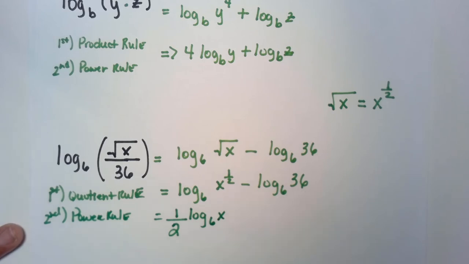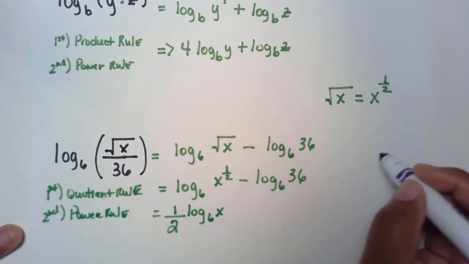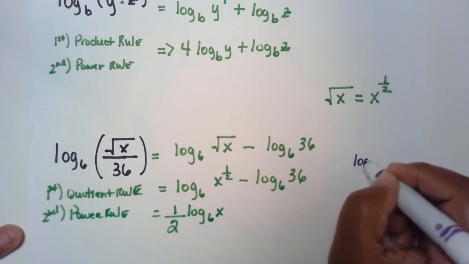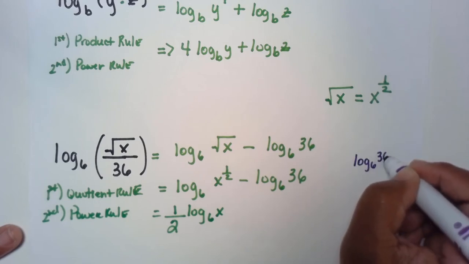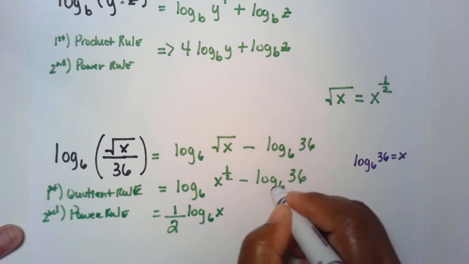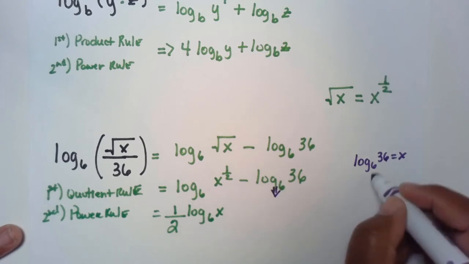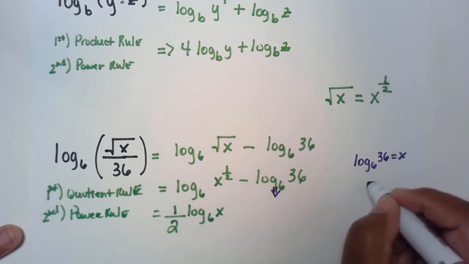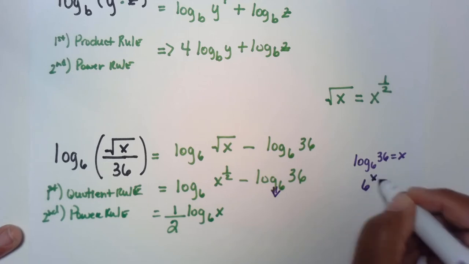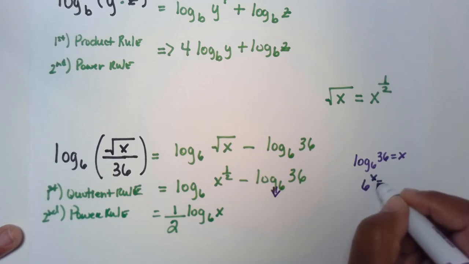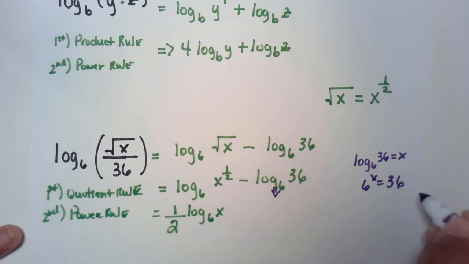Now, let's look at log base 6 of 36. Let's see if we can write that in simplest form. Let's take that component, set it equal to x, and write it in exponential form. So we have 6 to the x power equals 36.